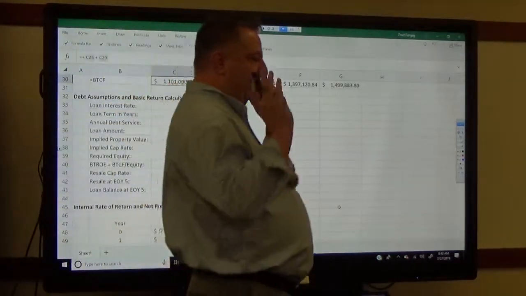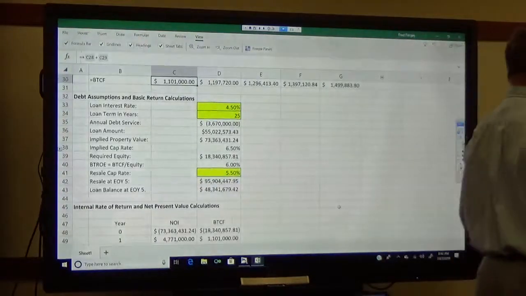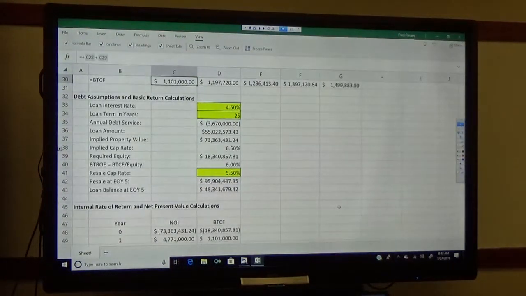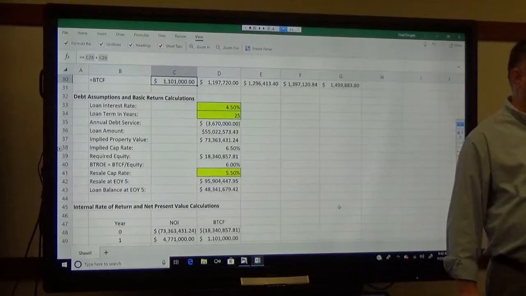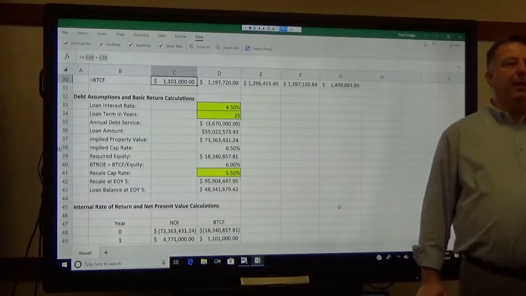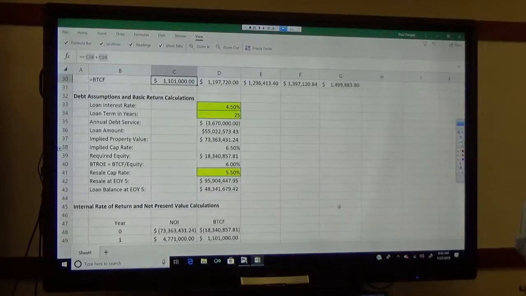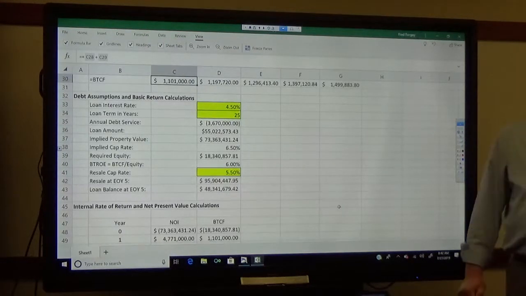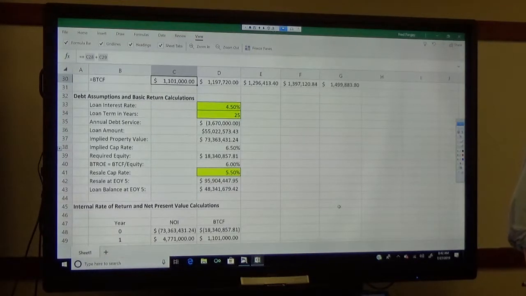All right. Now, this is where we've talked about this before, but you may or may not remember. In order to get a resale price at the end of year 5, you need to know what the projected income is for year 6. Okay? Because the cap rate is forward-looking in terms of what the income for this next year is projected to be.